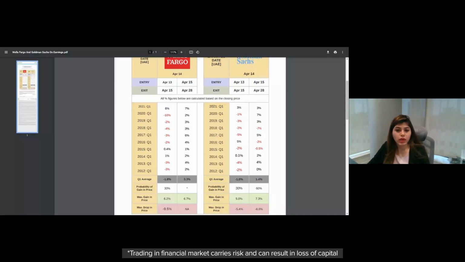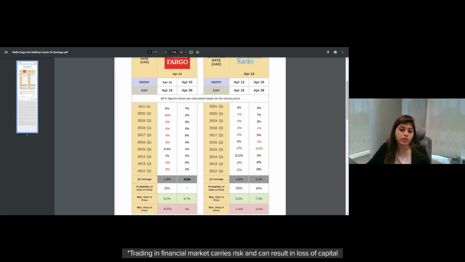Now, in the 2 weeks following the earnings, generally Wells Fargo tends to do well. In the last 10 years, there has not been a single year where Wells Fargo has lost any money. In fact, the stock has gained in the 2 weeks following the earnings, and the average gain has been 3.3%.